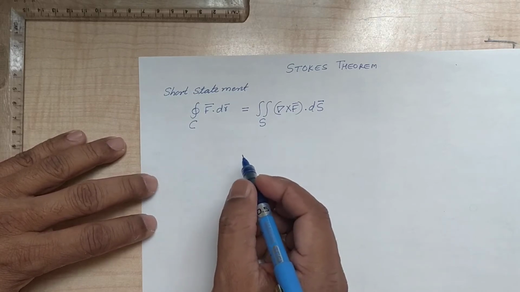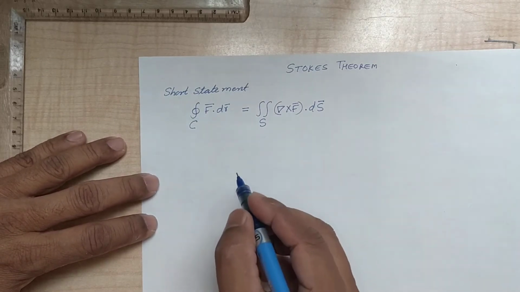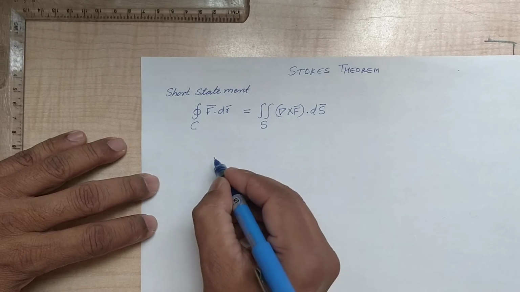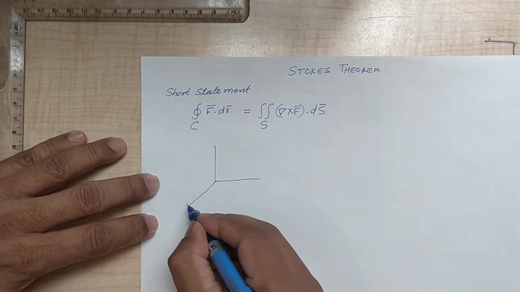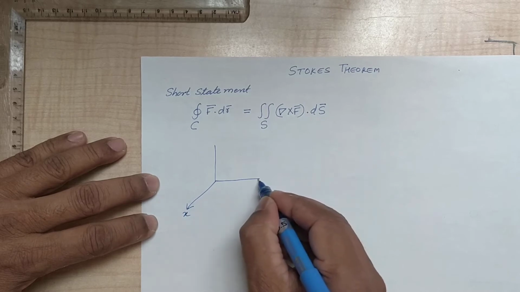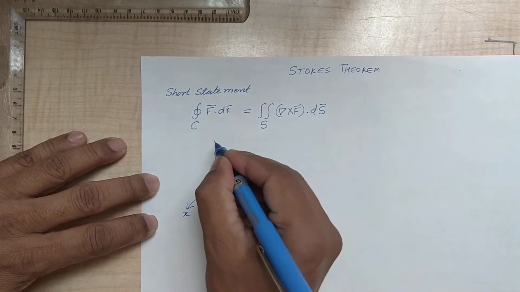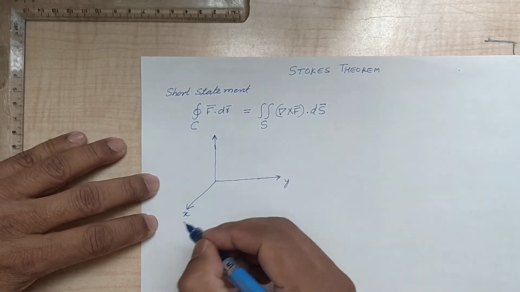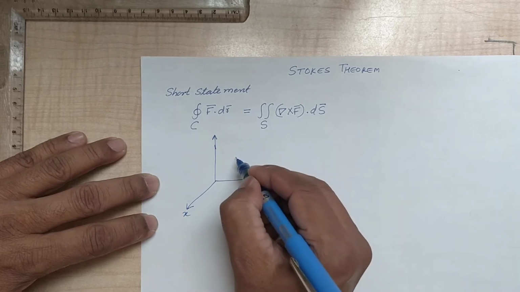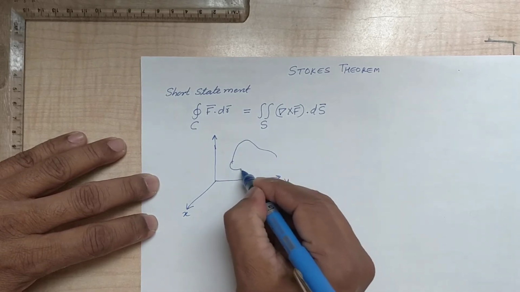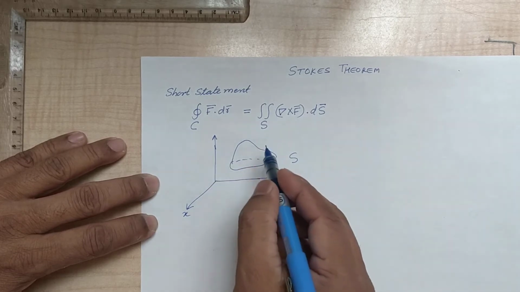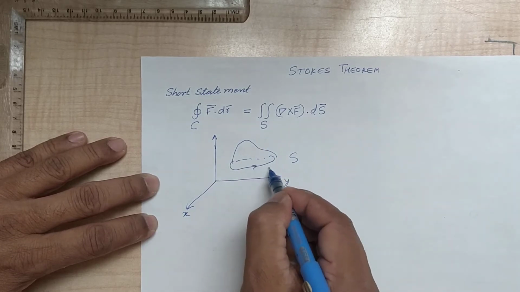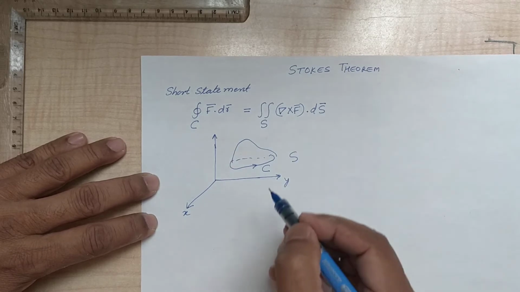So let's just try to understand this theorem with the help of a diagram. Let me draw the surface. So I have a certain surface in the three-dimensional space, that's S. The bounding curve is C. It is given a certain orientation.